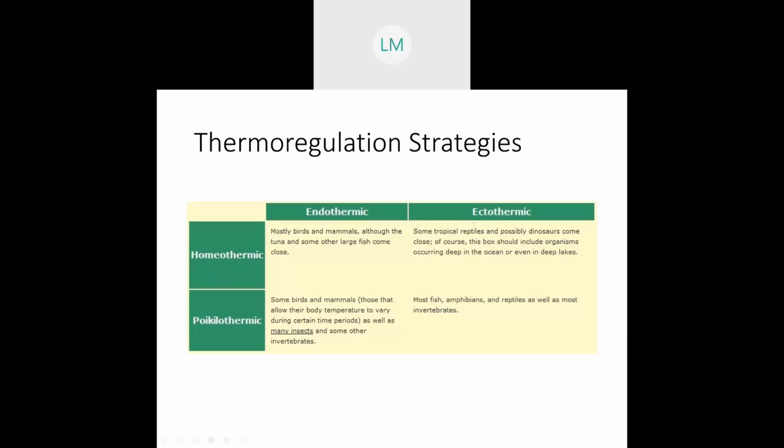We do have maybe some tropical reptiles that can be close to being homeothermic, but it's really hard to be ectothermic, to get your body heat from an external source and maintain a constant body temperature. So it's a really hard thing to do. So it'd have to be a pretty unique circumstance for this box to be met here. Most of the time it's going to be this box, endothermic and homeothermic, and ectothermic and poikilothermic. Most of the time those two are going together.